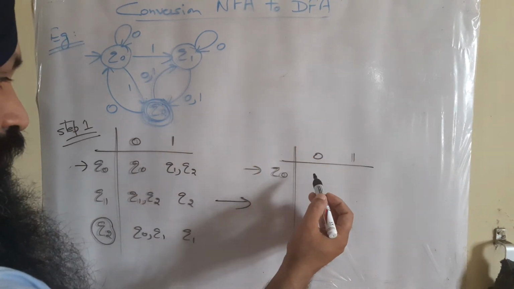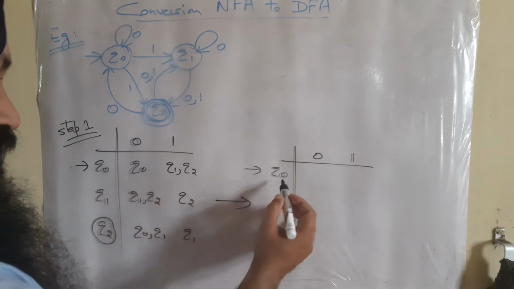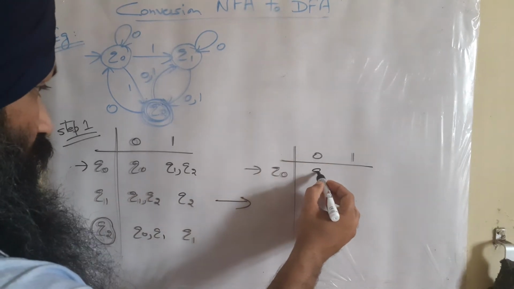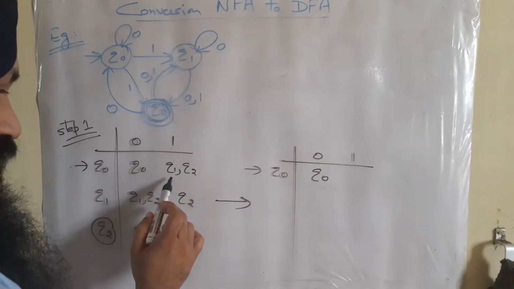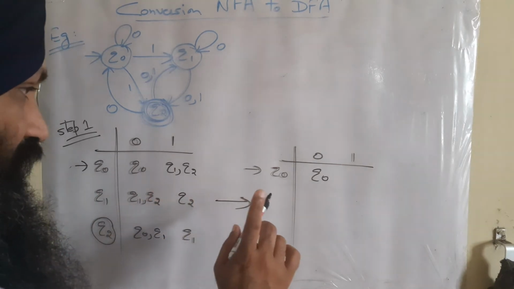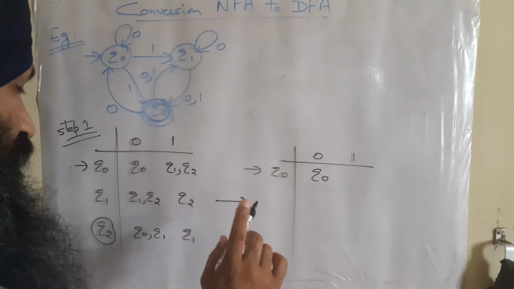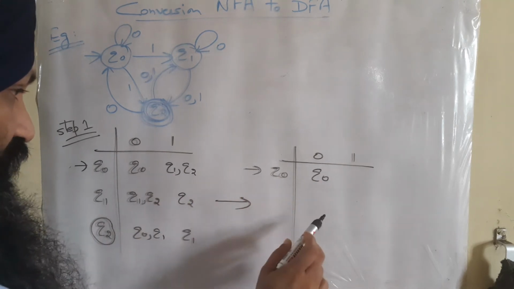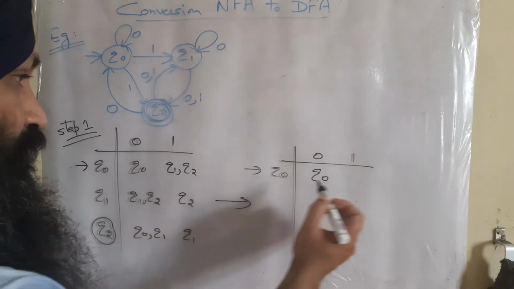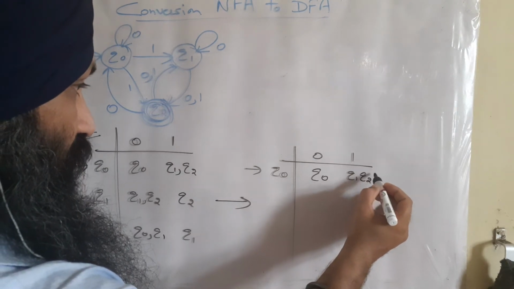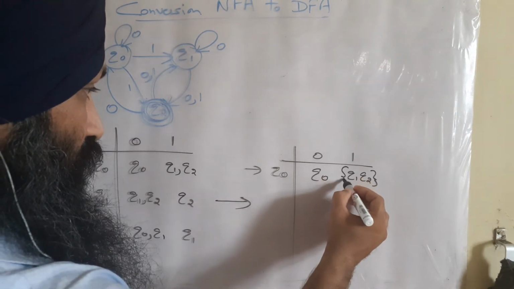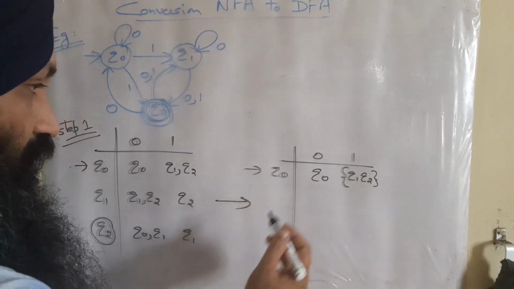Now you can observe from the first row that Q0 with respect to 0 goes to Q0 but Q0 with respect to 1 goes to two states. This is the basic identification and difference between the table of DFA and the table of NFA. So we are not taking two states; we are combining these two states into only a new state, and the name is Q1 Q2.